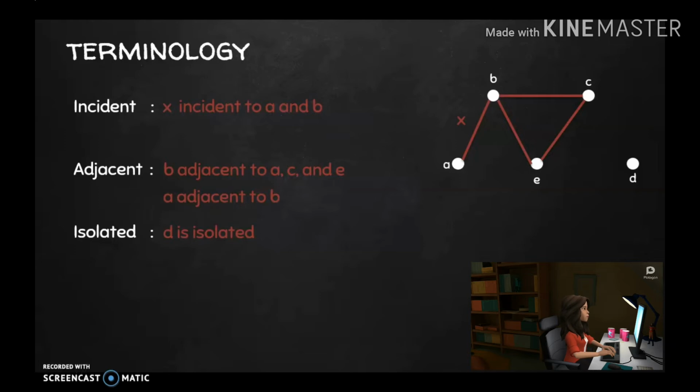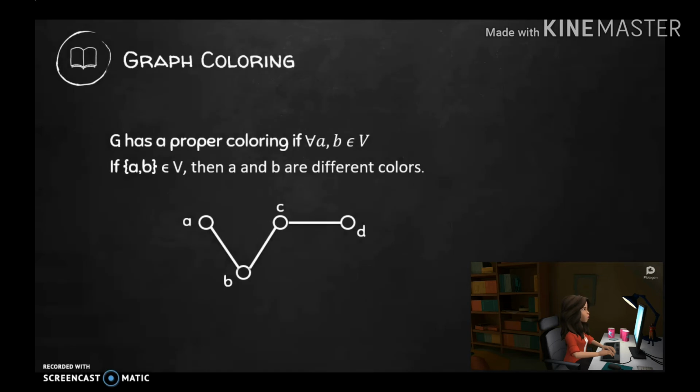So let's discuss graph coloring. Graph coloring is essentially the number of ways we can color a graph, and we introduce the term proper coloring if we can color a graph so that two vertices connected by an edge will have different colors. So essentially, if A is connected to B, that means A and B are going to be different colors.